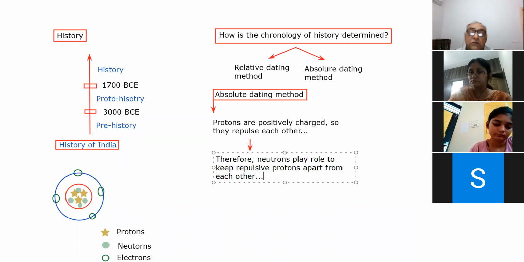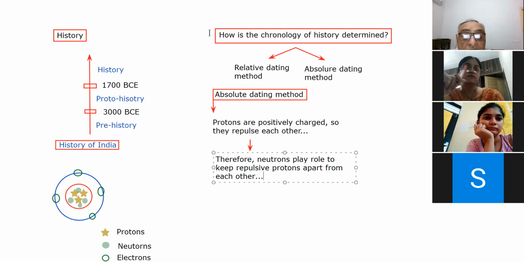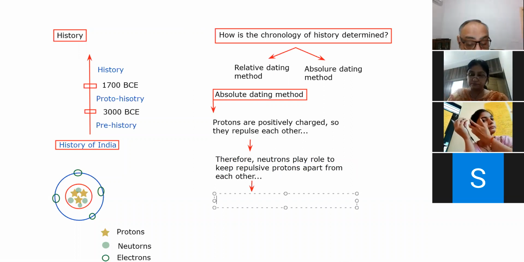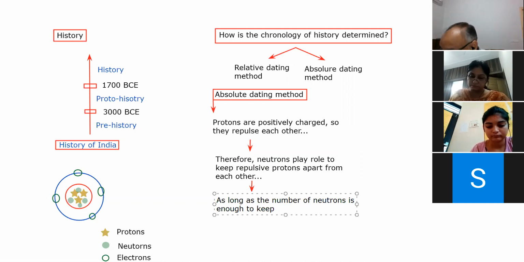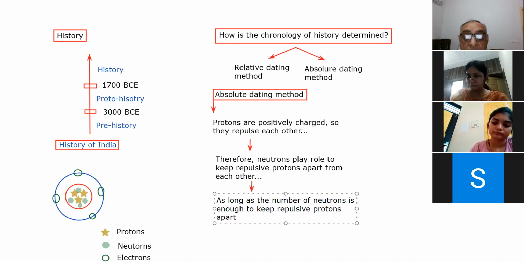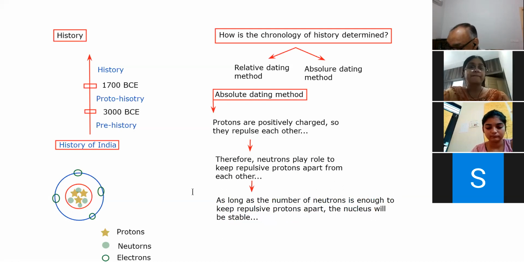As long as the number of neutrons is enough to keep the repulsive protons apart, the nucleus will be stable, because there will be no disturbance inside the nucleus.